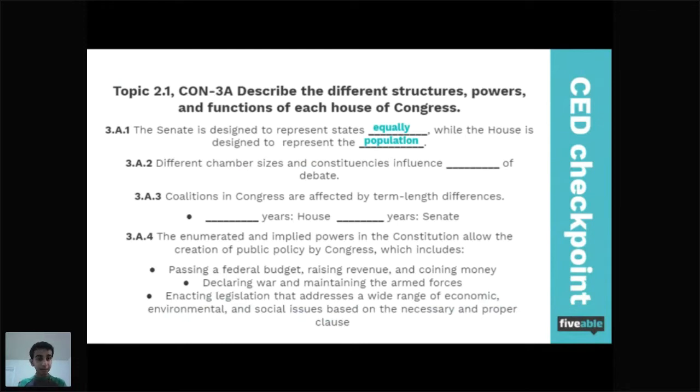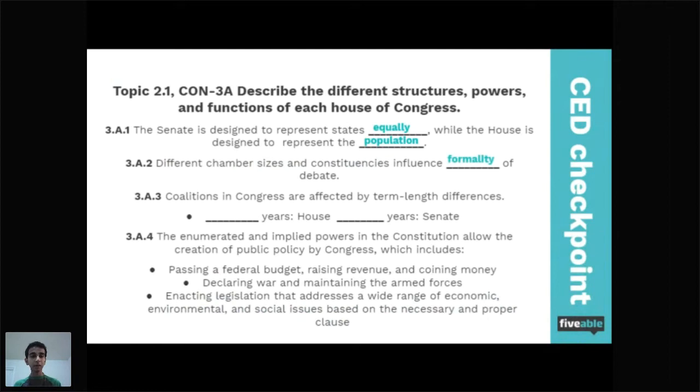The next blank: different chamber sizes and constituencies influence the blank of debate. You could say different things here, but just give a general idea of what you think would fit. All right, what I would put here is formality.